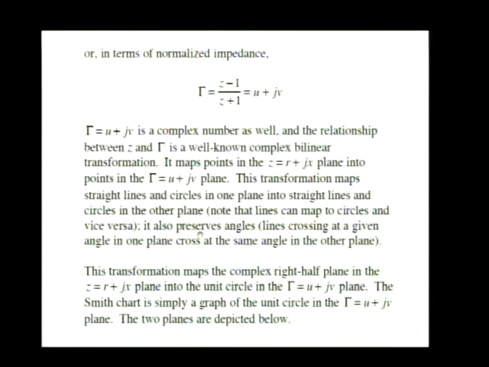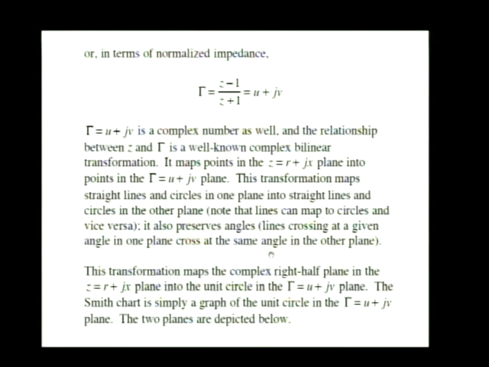What that means is that if you have two lines that cross at a given angle in one plane, the curves corresponding to those lines in the other plane will cross at the exact same angle.